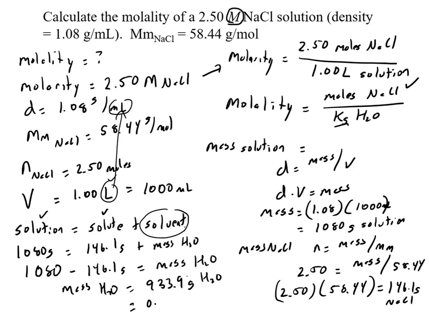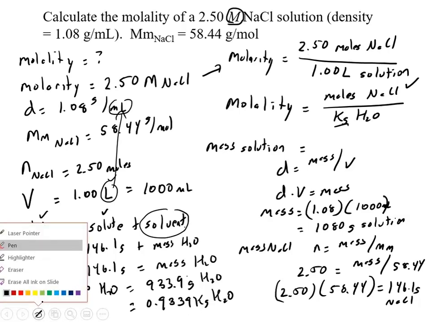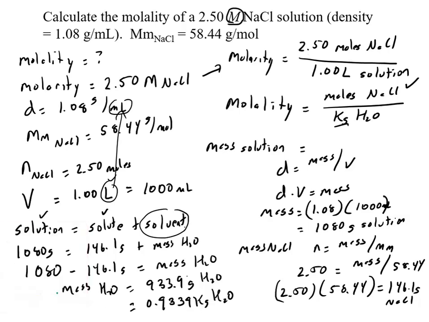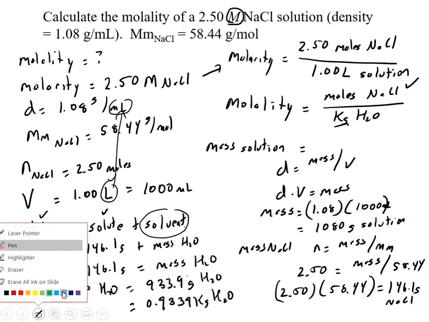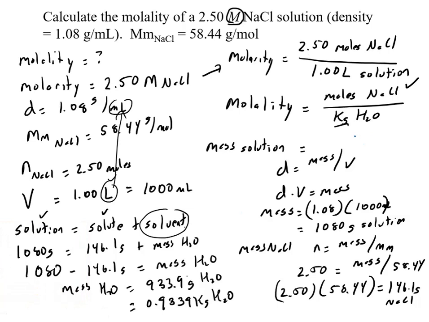Now, in order to plug it into this equation, it has to be in kilograms. So this is equal to 0.9339 kilograms of water. I'm going to change colors because where I am is very difficult to see. All right, so my molality is going to be the moles of sodium chloride.